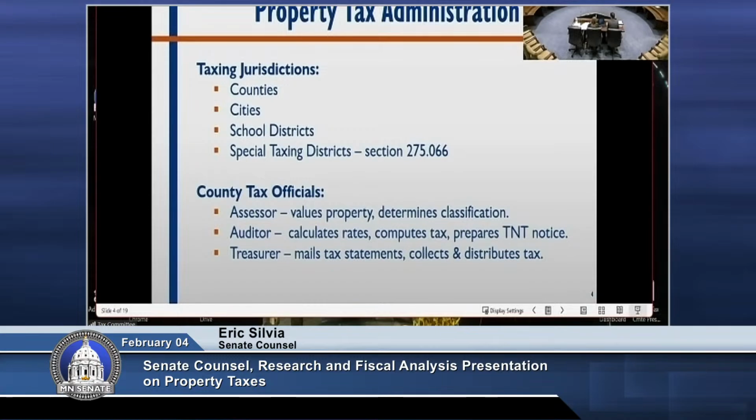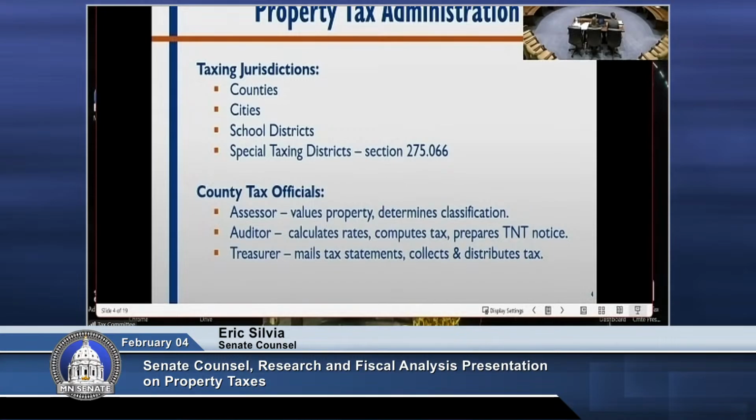But there is a catch-all, special taxing districts. Minnesota statute section 275.066 lists all the special taxing districts that have the authority to levy and collect a property tax. Some of the more common special taxing districts are watershed districts, park districts, HRAs, EDAs.